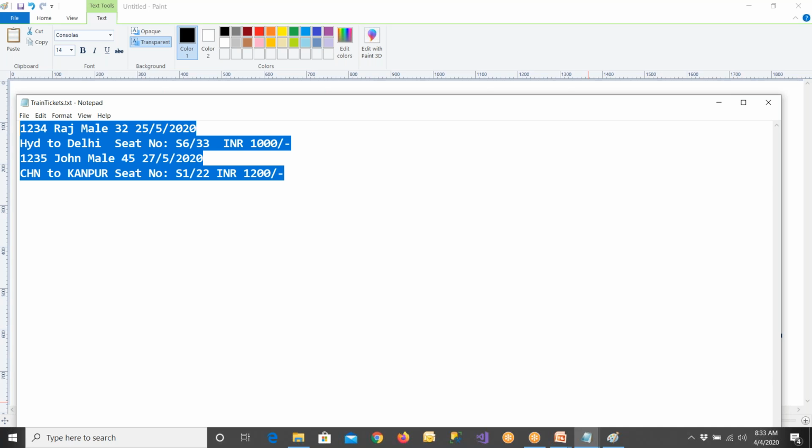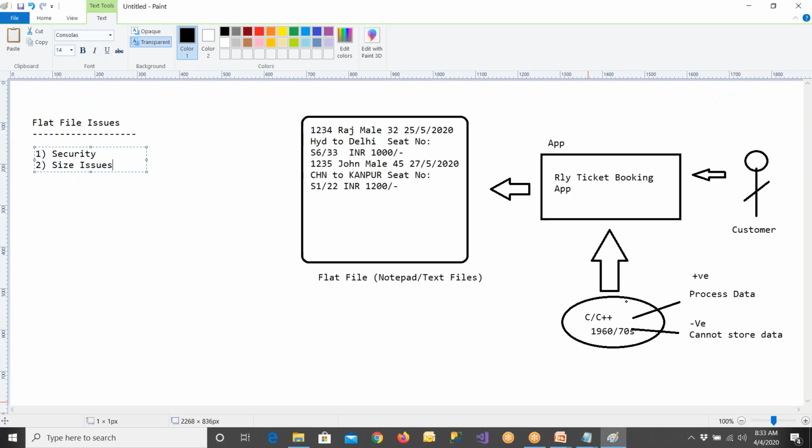Before deleting the file, they need to make a copy of the file, delete the data from this file, and take the new data. So a lot of data size issues occurred. People have to delete the data, or they need to create a new file. The existing file, they have to move to one more computer or one more drive. So a lot of size issues. It cannot take unlimited data every time. That is also one more thing that you need to understand.